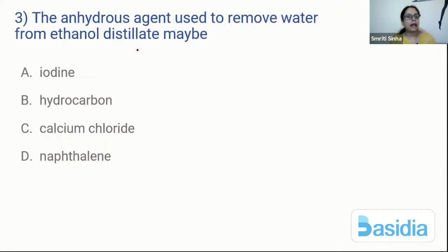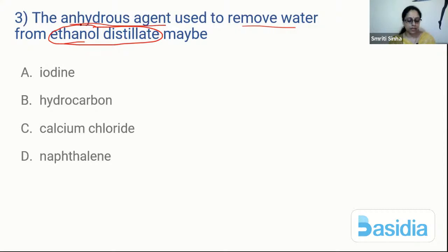Next, the anhydrous agent used to remove water from ethanol distillate may be. So which reagent is used to remove water from ethanol? If you purify ethanol by distillation technique, you get a small amount of water in it also. And if you want to remove this water from this ethanol, you need to use some anhydrous reagent.